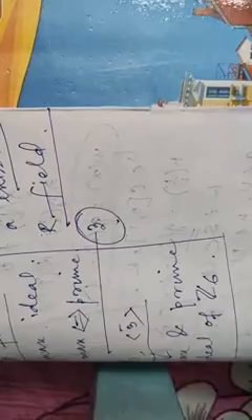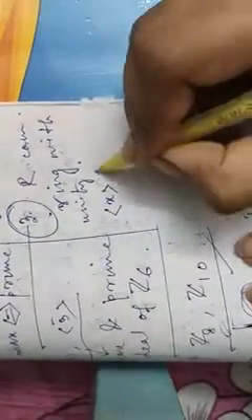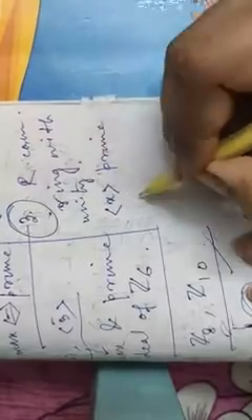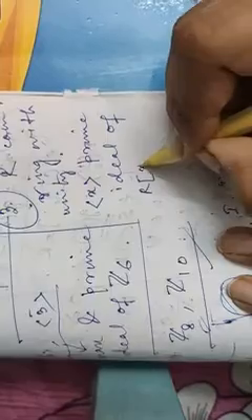Okay. Next, another example. Example number 3. It states that let R be a commutative ring with unity. Suppose that the ideal generated by X is a prime ideal of R[x].